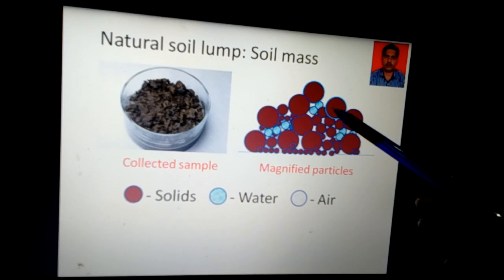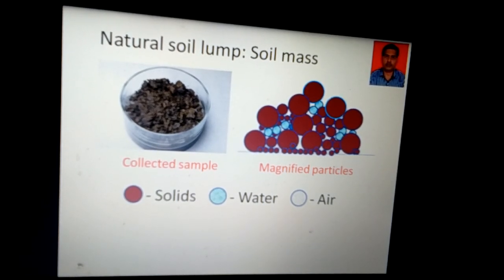You can also see the surface of the solid particles is coated with water. So the wetting nature of water is there. The soil is wetted, and because of the wetting by water there is some sticky nature of solid particles, and they remain stuck between each other and form a lump.